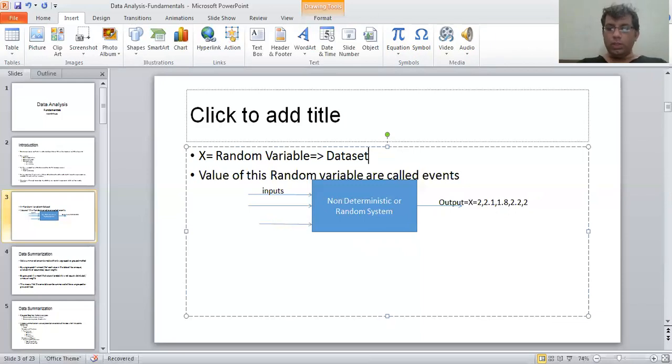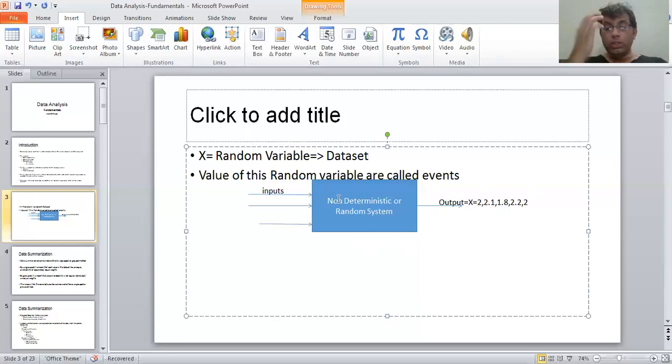Like for example, let's recall that these are the events which are coming. Every event has a certain probability of occurrence. And if we are able to find this probability, then definitely we would be using those probabilities to analyze the non-deterministic or the random system.